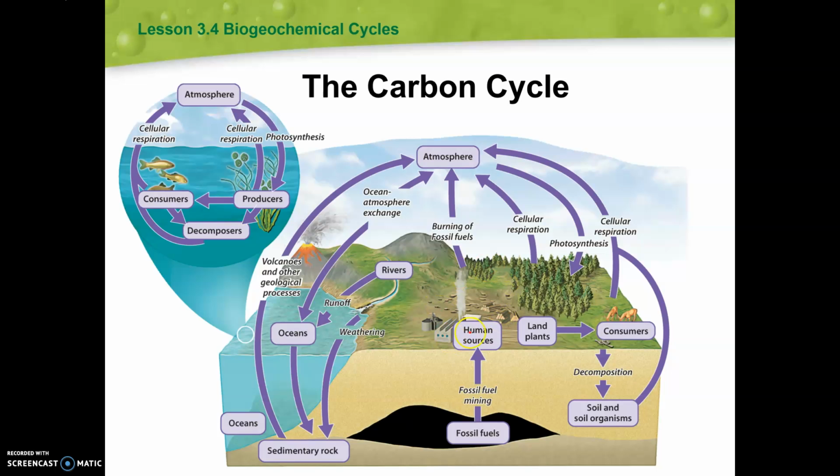We can also see that the burning of fossil fuels is going to help us put some carbon into the atmosphere, and some other things like volcano eruptions and other different geological processes like that. So all of those different processes are going to put carbon into the atmosphere, and photosynthesis is going to help take carbon out of the atmosphere and make it into a different carbon-based molecule, which is our carbohydrates or our sugars that it's making here.